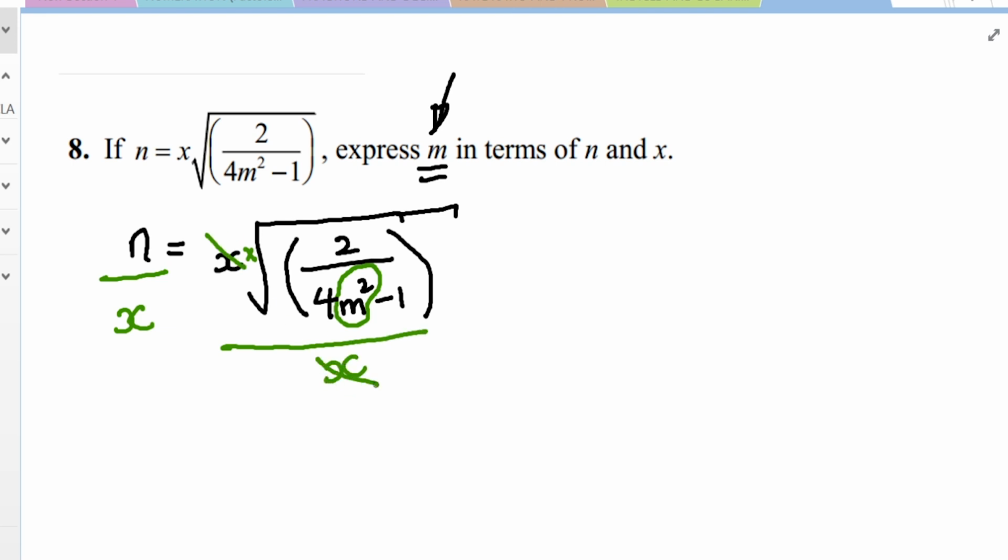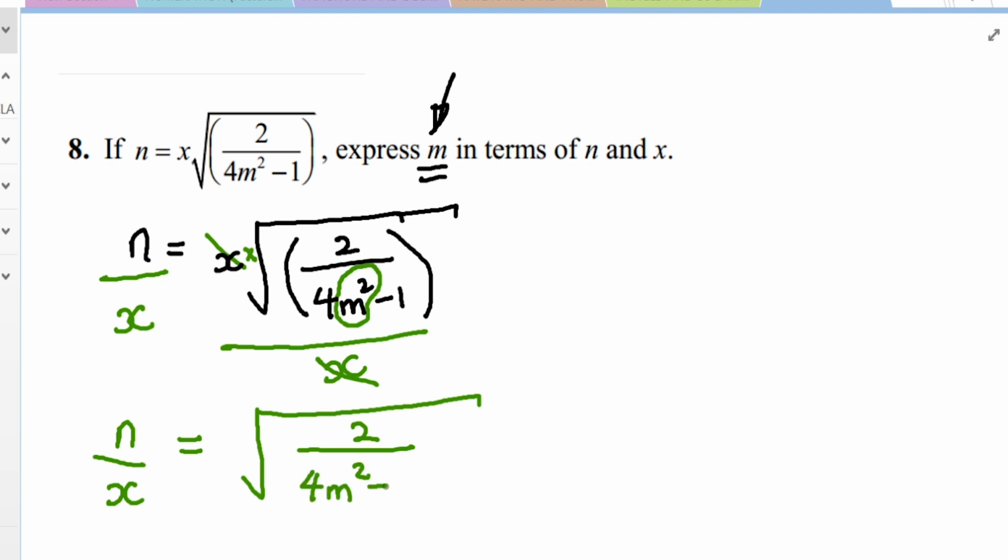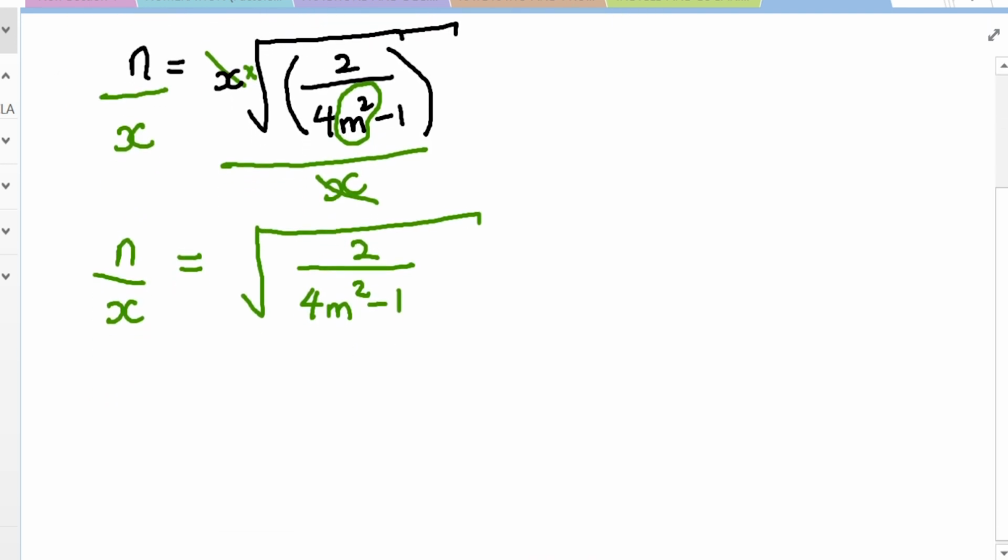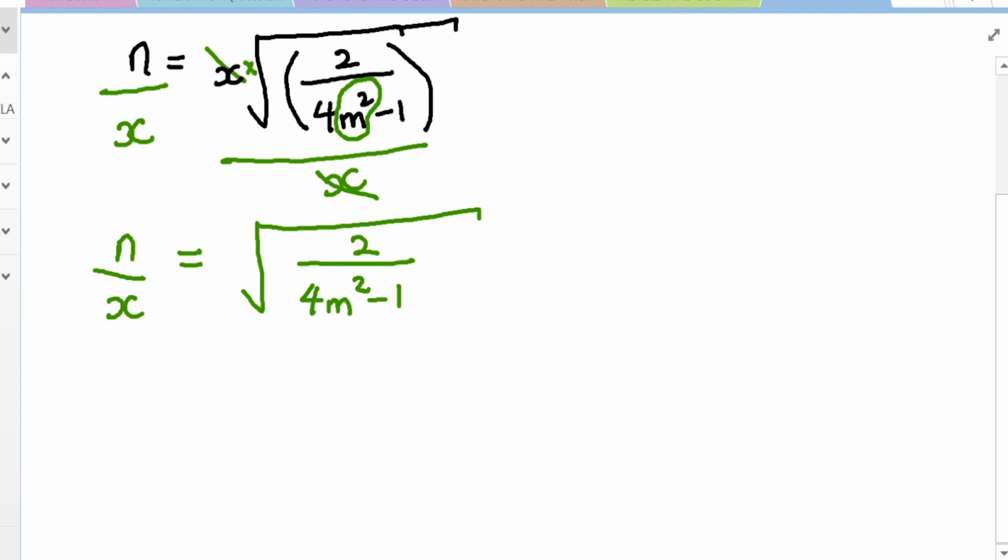This x and that x cancel out. So what we have here is n divided by x is going to be equal to the square root of 2 over 4m squared minus 1. Now, let's remove the square root sign. How?